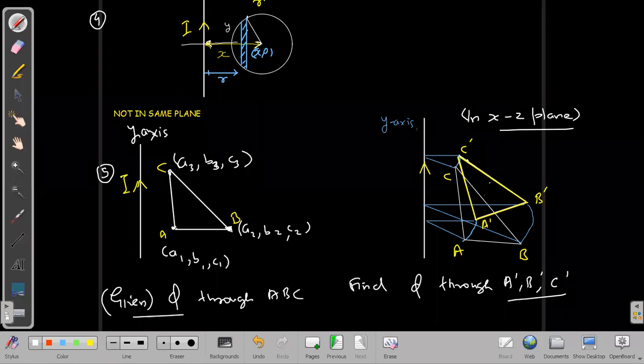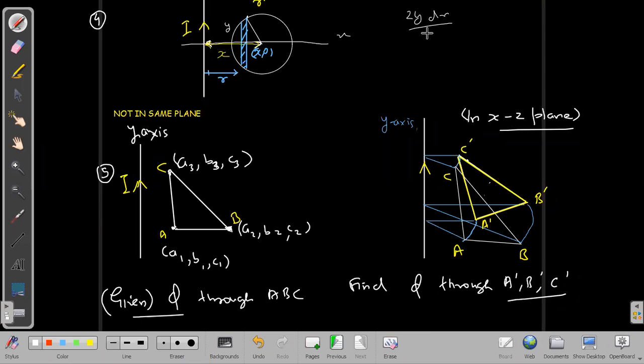If I take this to be the x-axis, then 2y into length, and the length will be dr. 2y into dr, that is the area dA. And 2ki by r as always, into 2 will come from inside also. Y into dr by r, integral.